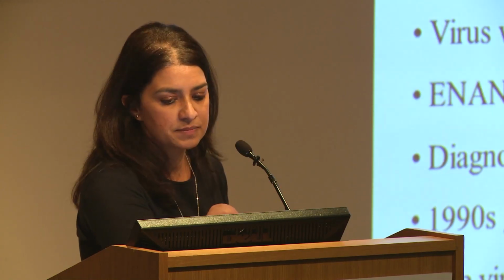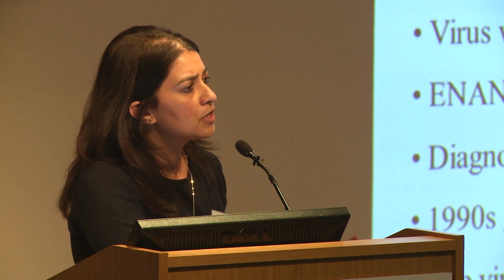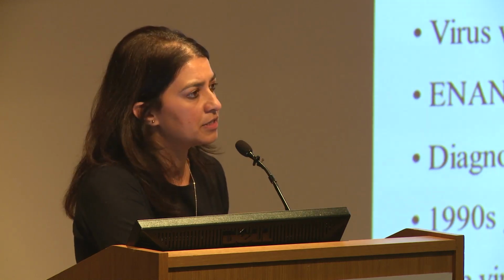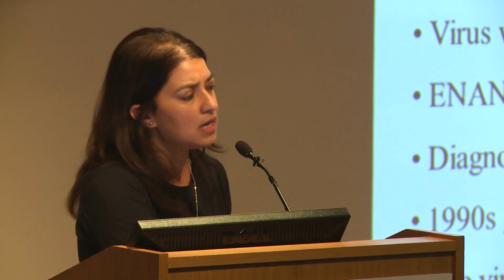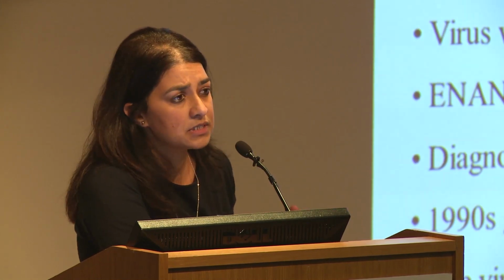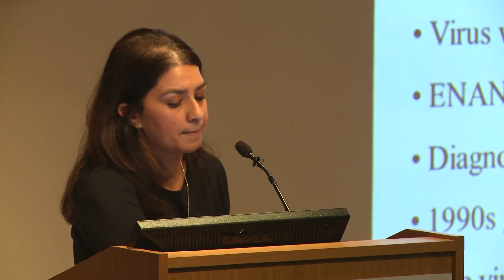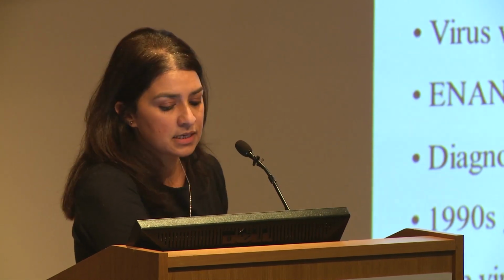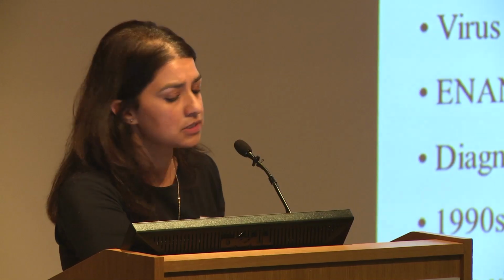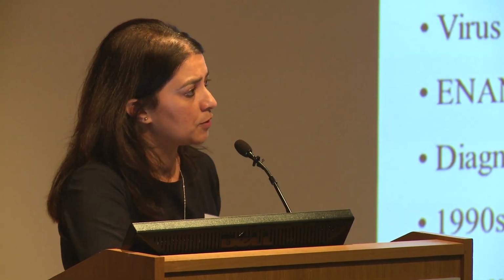This was successfully transmitted to monkeys, and the virus was named epidemic or enterically transmitted non-A, non-B. But diagnosis of the virus was very limited for a long time because immune electron microscopy was the only thing available. Then more recently, in the 1990s, the genome was successfully cloned and sequenced, and we now have what we call the hepatitis E virus.